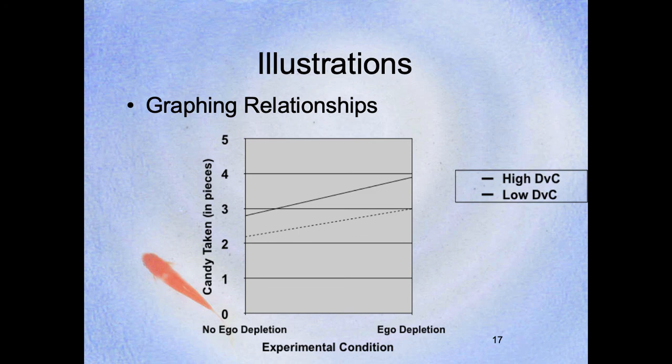But it can still be interesting to see how highly disinhibited people in this case change from no to ego depletion condition, or just the mean level of candy taken overall is displayed there. And sometimes they'll have a line in between those two lines showing the mean of the two groups, and that can be descriptive in nature, where the inferential test would be maybe the differences in these slopes or something.